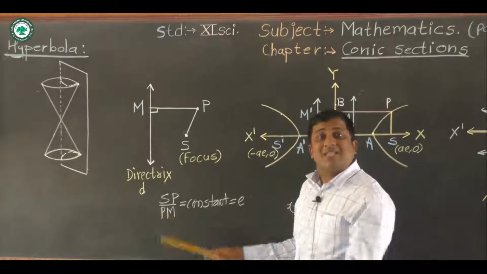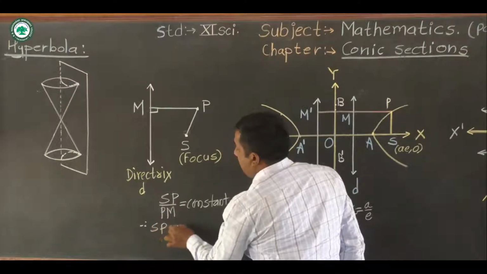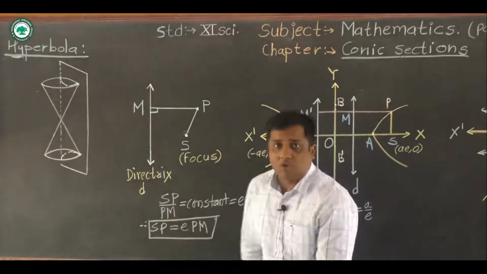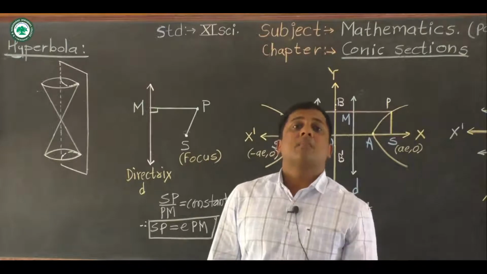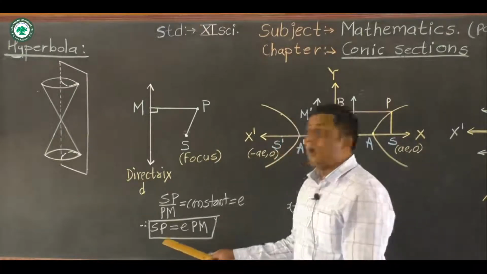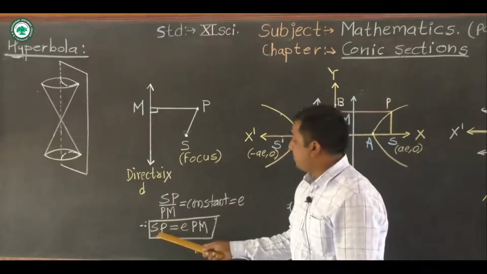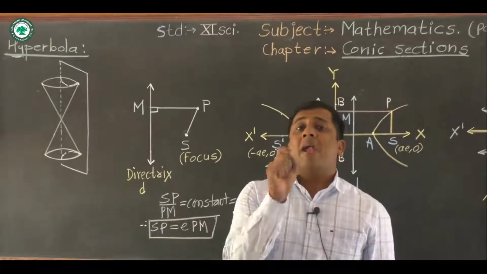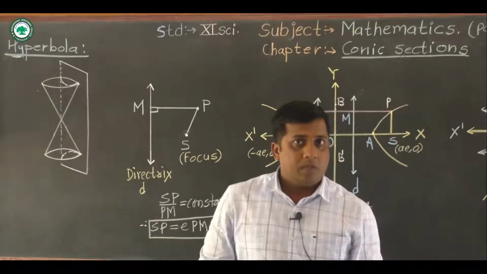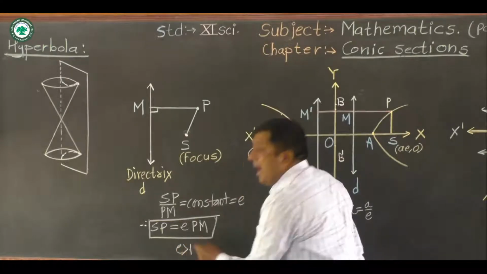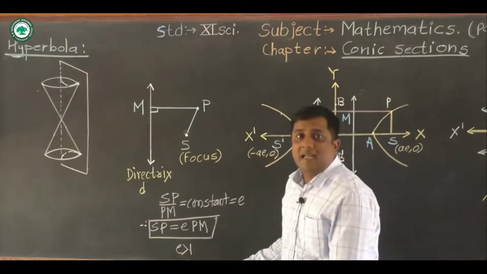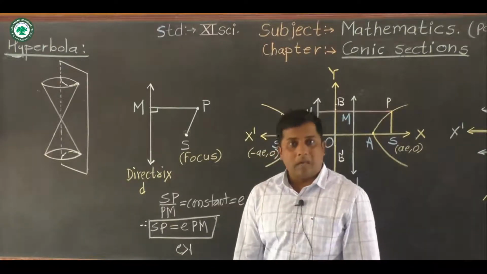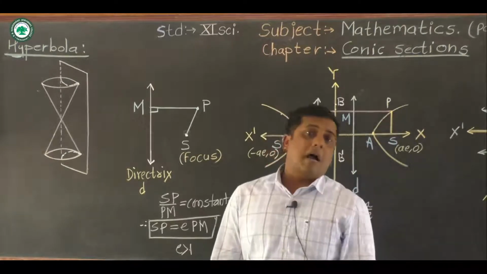By using this relation, I write SP is equal to E times PM, and this relation is called the focus directrix property. Everything depends on the nature of E. If E is greater than 1, then the conic section is called a hyperbola.